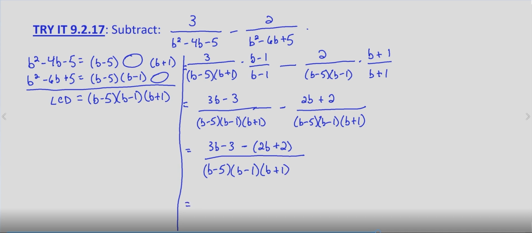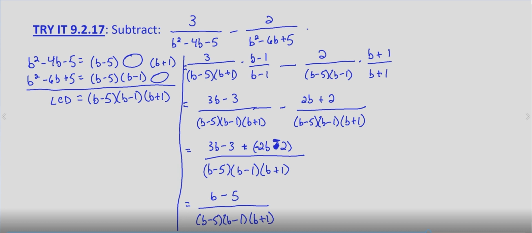And then combining like terms, I'm going to go ahead and do what I normally do: change this to a plus, put a negative here, change this to a negative. Then we have 3b minus 2b is just b. Negative 3 plus negative 2 is going to be minus 5, over b minus 5 times b minus 1 times b plus 1.